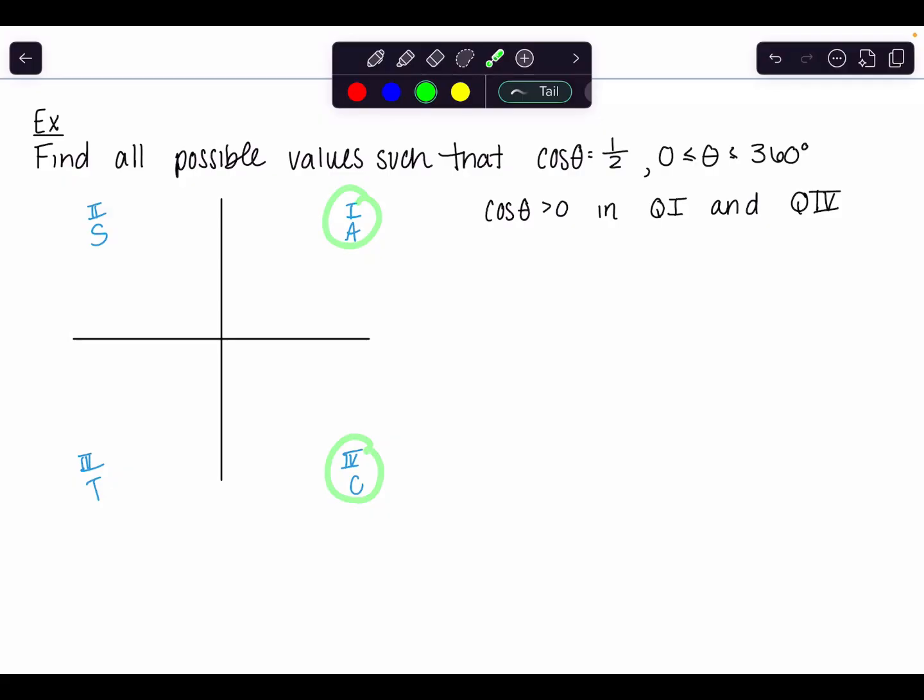So if you think about where cosine of theta equals 1/2, this implies that our reference angle is going to be 60 degrees. Okay. So I'm going to be working with some multiple of 60 degrees essentially.